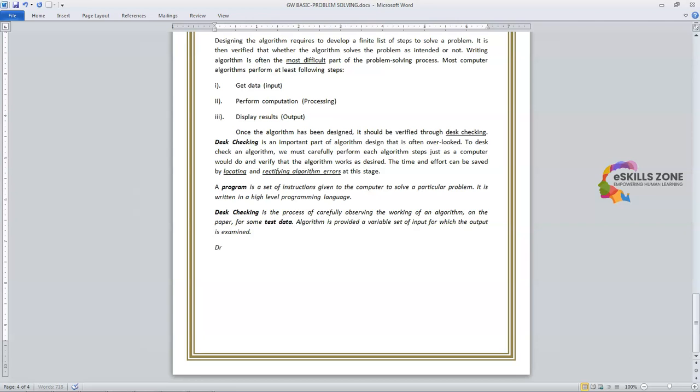Now we'll discuss drawing the flowchart. This is another section.